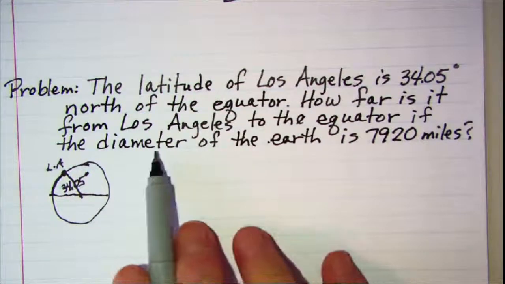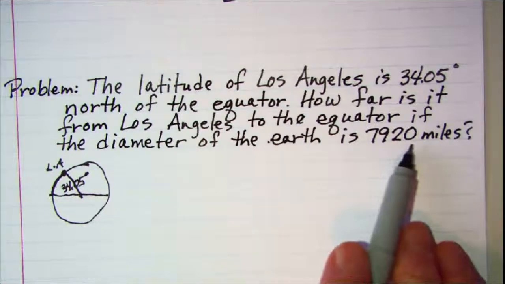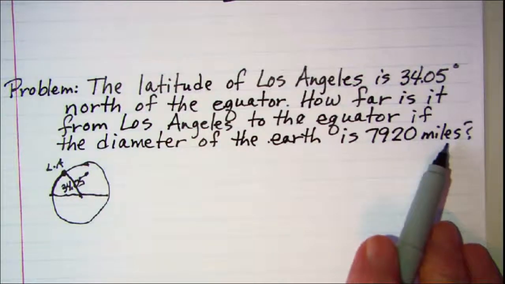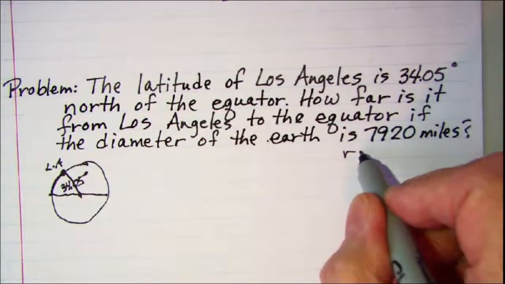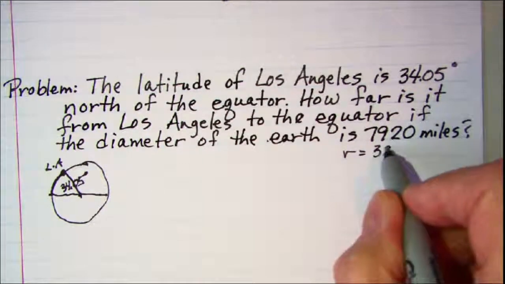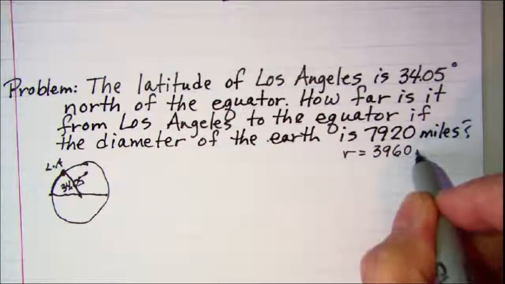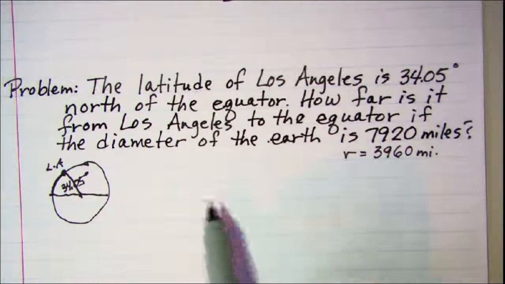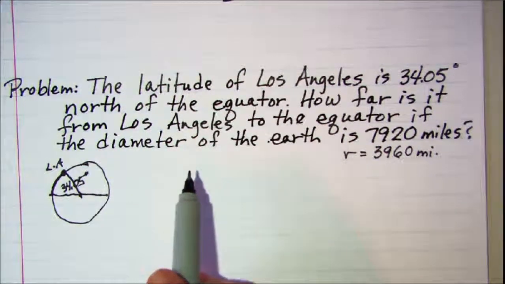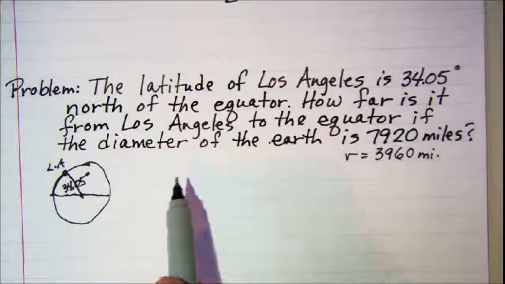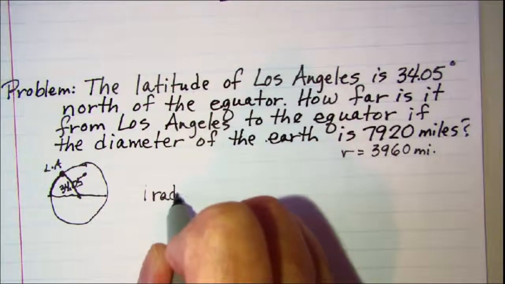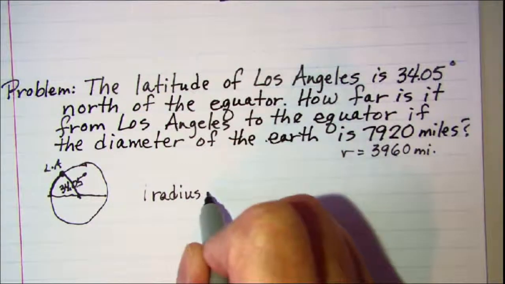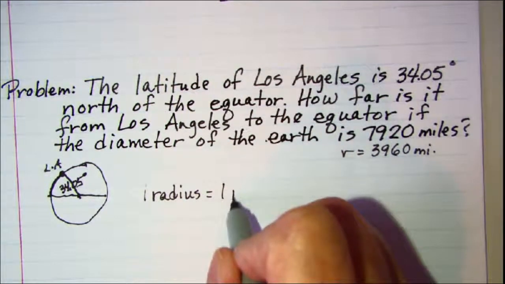Then we also are told that the diameter of the Earth is 7,920 miles. That gives us a radius of 3,960 miles. Now I know, since I'm working in radians, I know that one radius is equal to 1 radian.